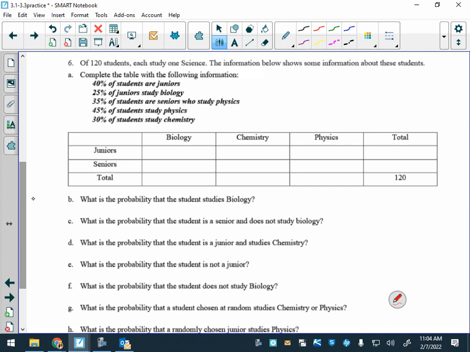Okay. So 40% of students are juniors. We have a total of 120 students that are being surveyed, right? How many of them are juniors? 48. How'd you get it?